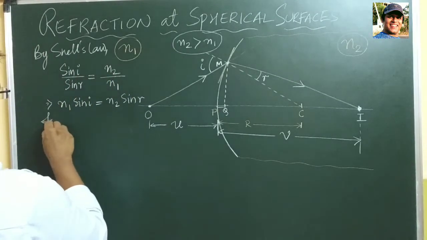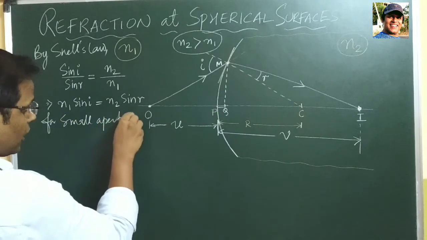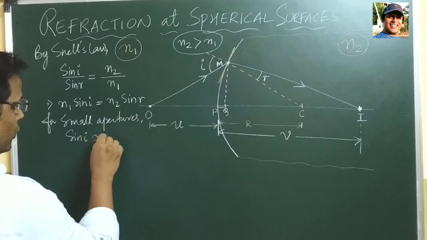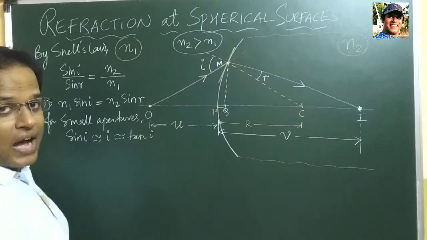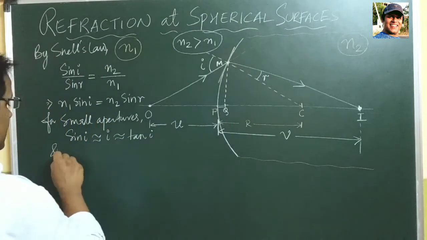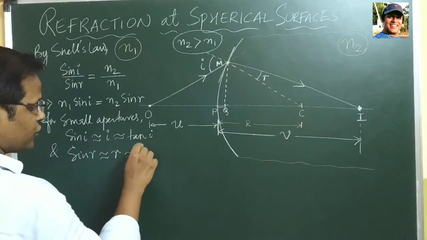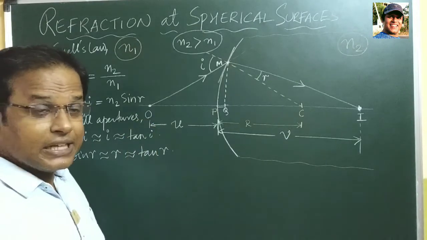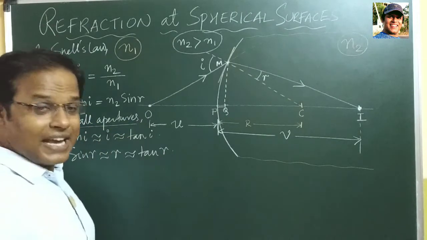That is, for very small apertures, we can say sine I is almost equal to I, and that in turn is also equal to tangent of I. This is only true for very, very small angles, and similarly sine of R is also equal to R, very much equivalent to tangent of R, wherever you may need it. Alright, so for smaller apertures this is always correct.